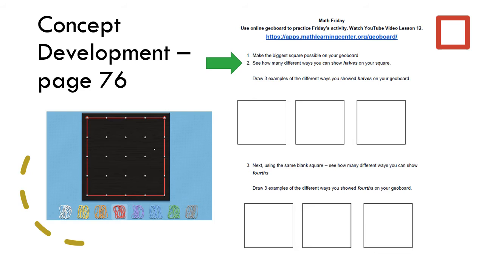I'm making the largest square possible, and then I'm going to add some rubber bands to show halves. My first way. So I partitioned it right down the middle with a vertical line. And here's my second way. I'm doing a horizontal line. Next, you could do a diagonal line.